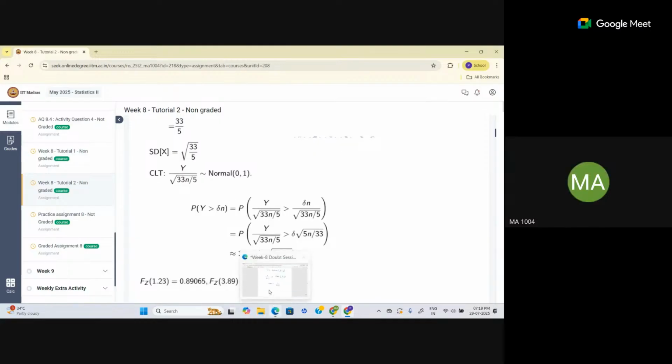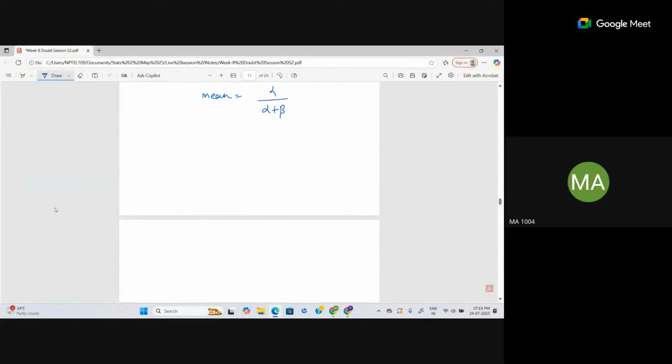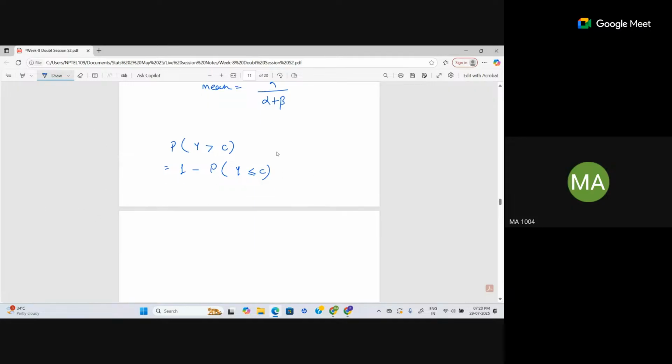Okay, this is the property. If the probability of Y is greater than some value, suppose c, then you can write it as 1 minus the probability that Y is less than or equal to c. Both are the same. If you represent it on the real line, suppose this point is c. Y greater than c covers this region.